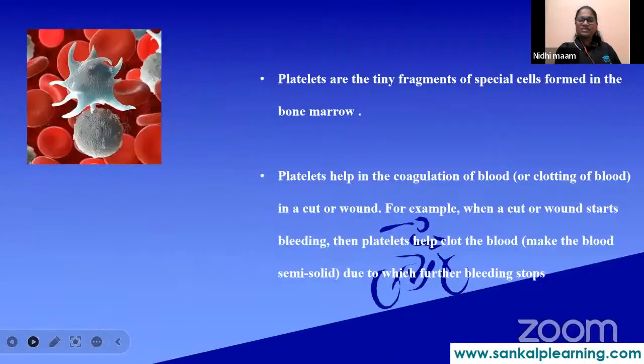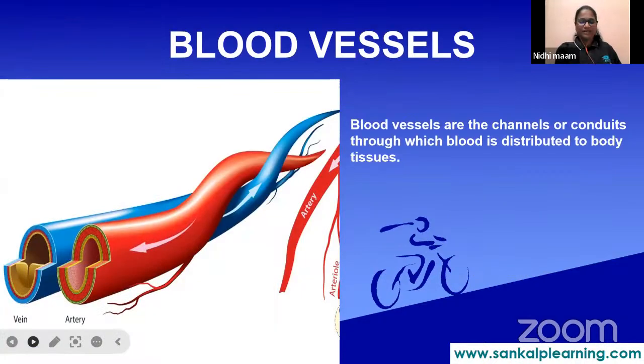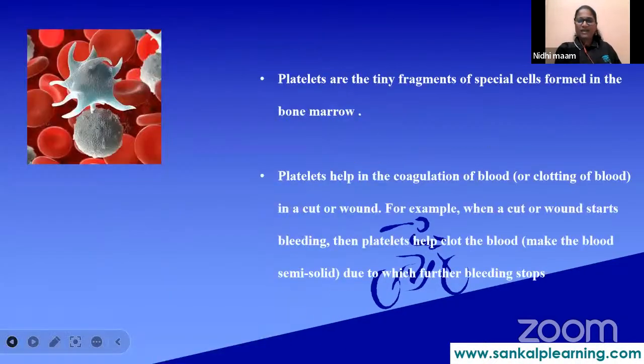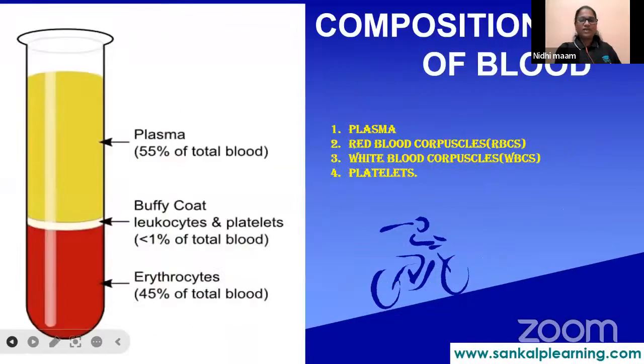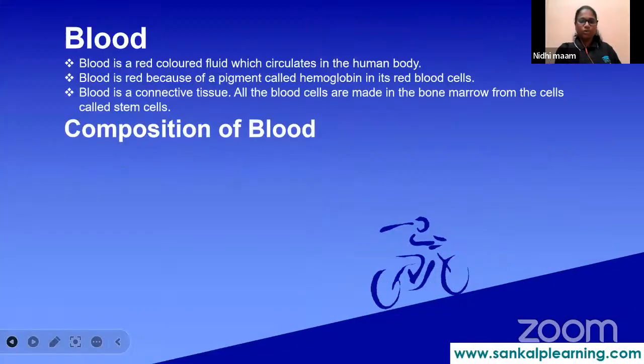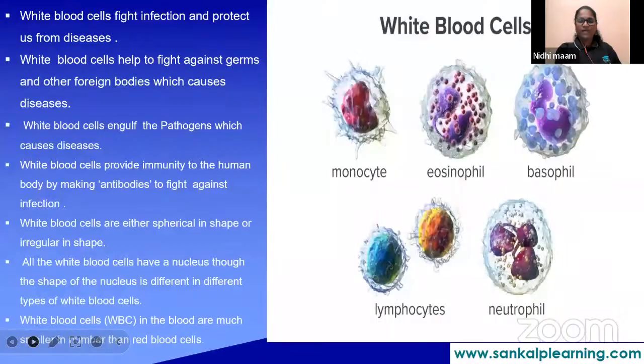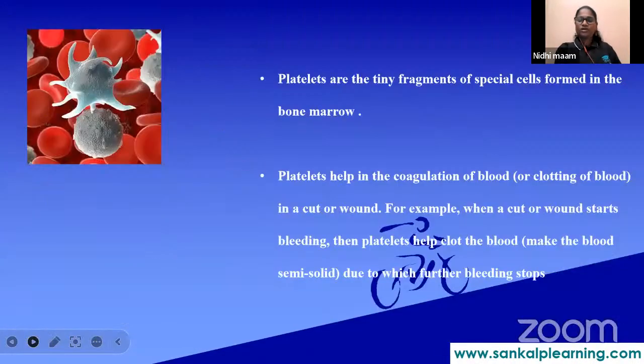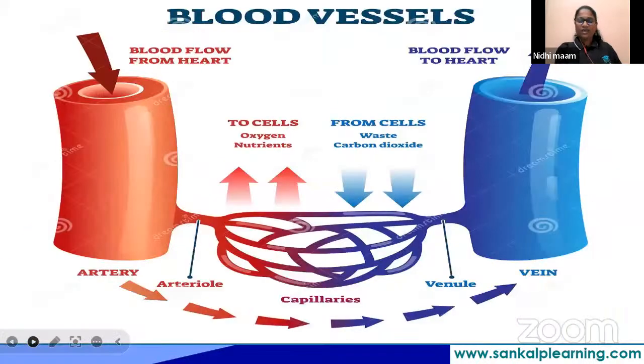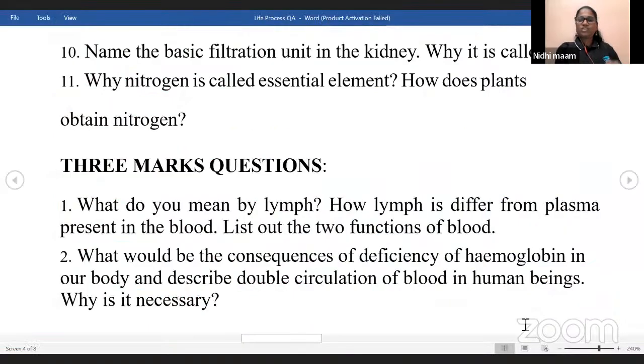Lymph is a colorless fluid which resembles the blood. But it does not have RBC or red blood cells. That is the difference between lymph and the plasma of the blood. Coming to the functions of the blood, it transports oxygen, it transports nutrients, and it transports excretory substances. These are all functions of the blood.